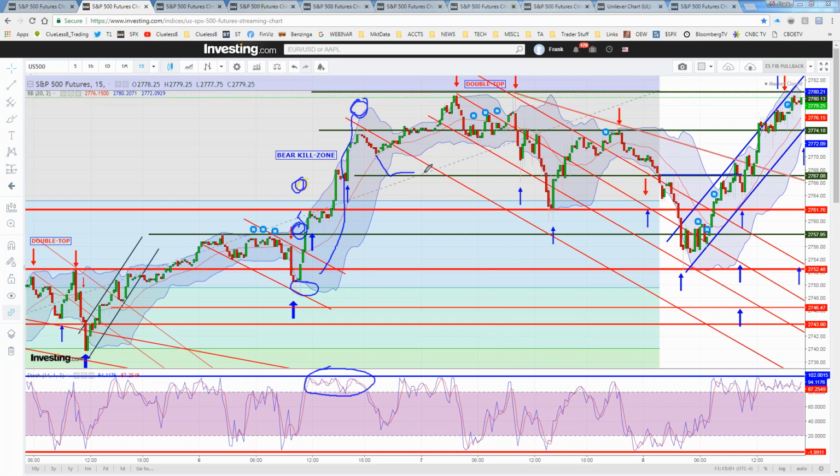So the puts were alerted. Generally speaking, in a heavy trending move like this, I will alert the puts late in the day, somewhere in this zone, and those lottos.